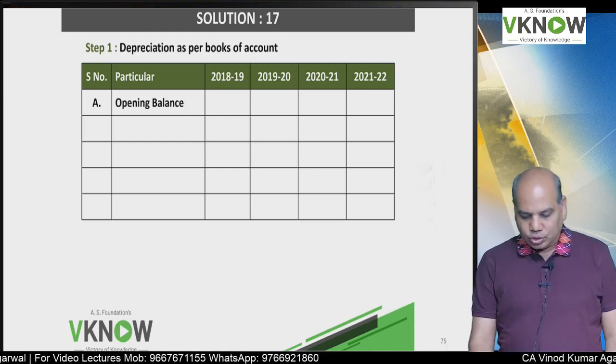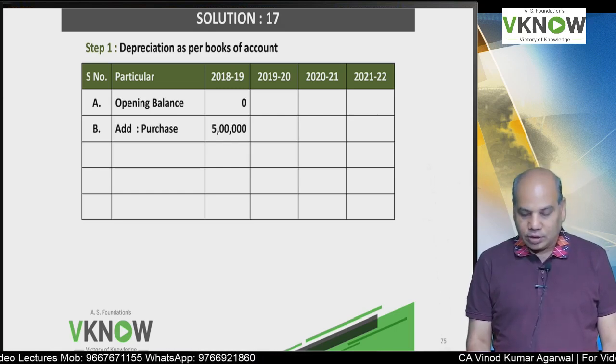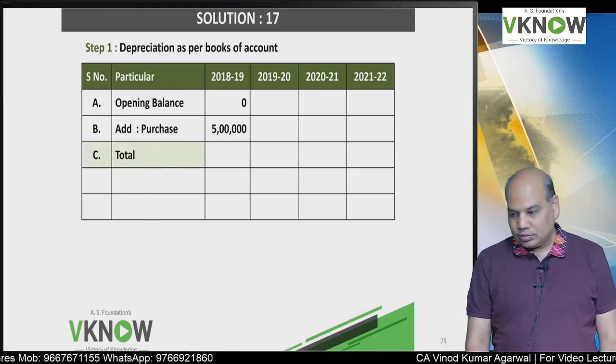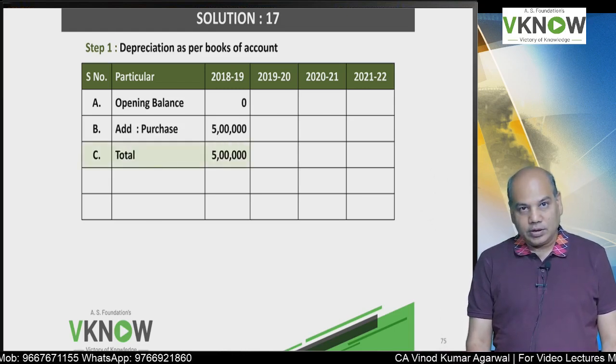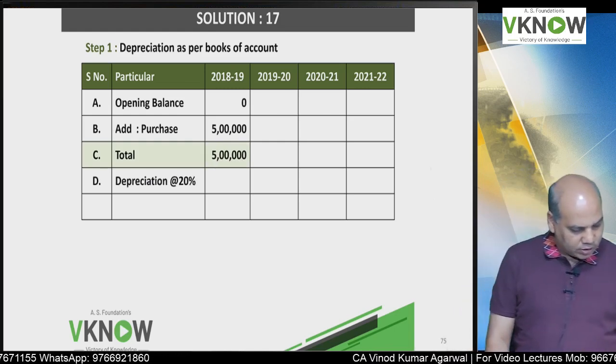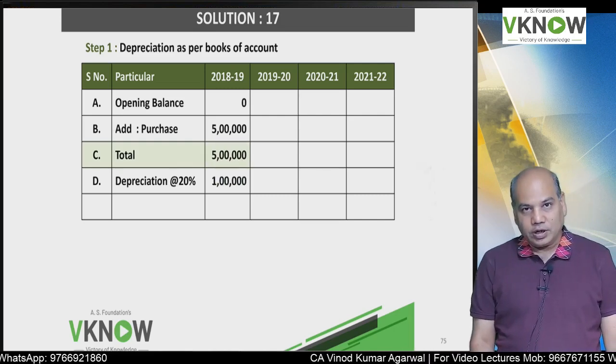Start. First year opening balance 0. Purchase 5 lakh. Total 5 lakh. And what is the rate of depreciation? 20% in books of account. Depreciation 1 lakh.